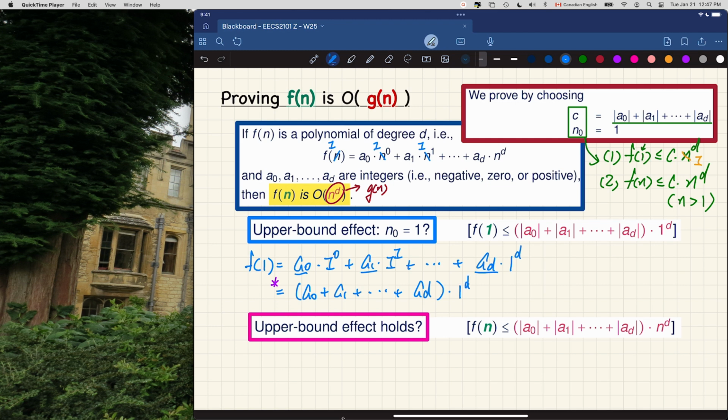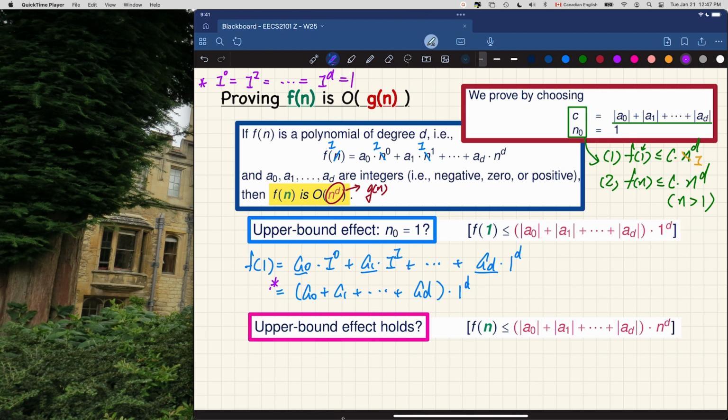And the reason that I can do this is because, let me put a star here. I know pretty well 1 to the power of 0 equals 1 to the power of 1 equals all the way to 1 to the power of D. They are simply just 1. 1 to the power of anything is just 1. All right. And let's conclude this case.